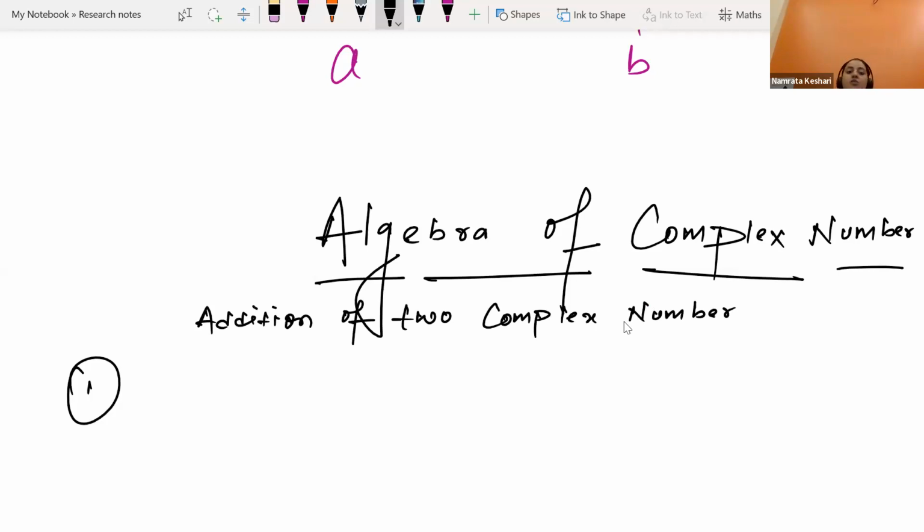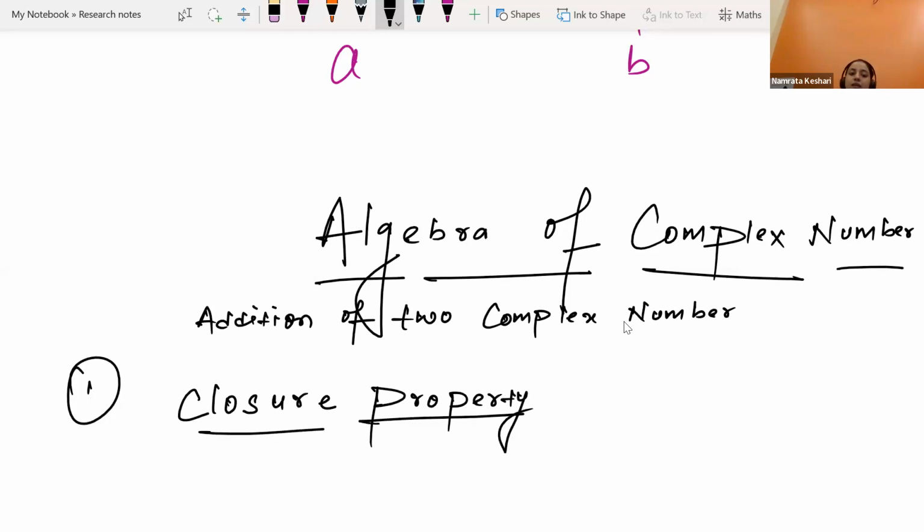The first property is the closure property. We also call it closure law. You just have to understand this. Fill in the blank and true false questions can come from here.